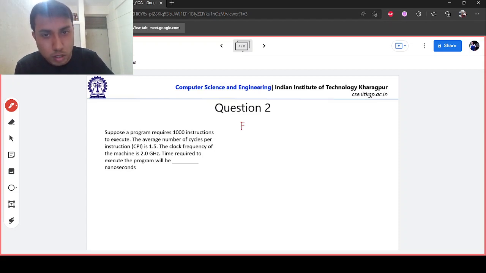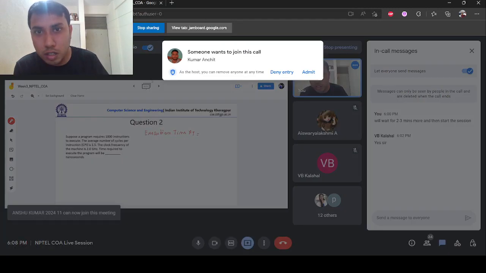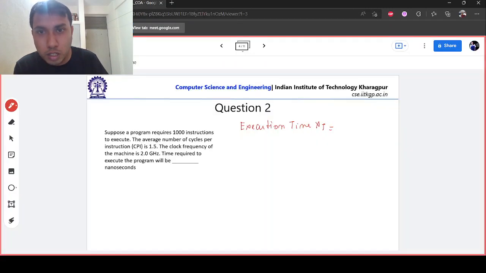So execution time XT is equal to IC into CPI into C, clock cycle. Here IC is given, that is the number of instructions, which is 1000.